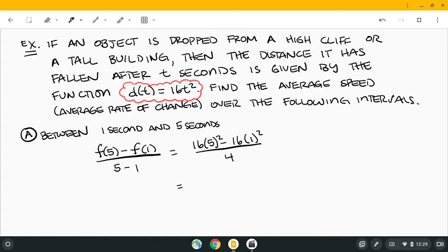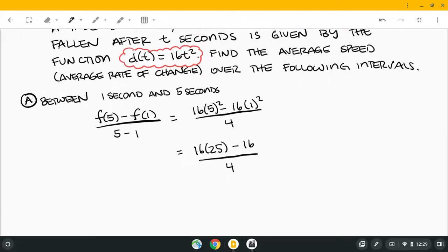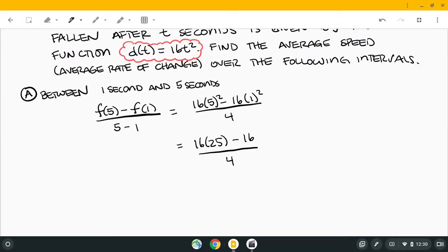Okay, so that's 16 times 25 minus 16 times 1, which is 16, all over 4. If you don't have a calculator with you, or you don't feel like getting your calculator out, you can do little things like factor out that 16 and do 25 minus 1.